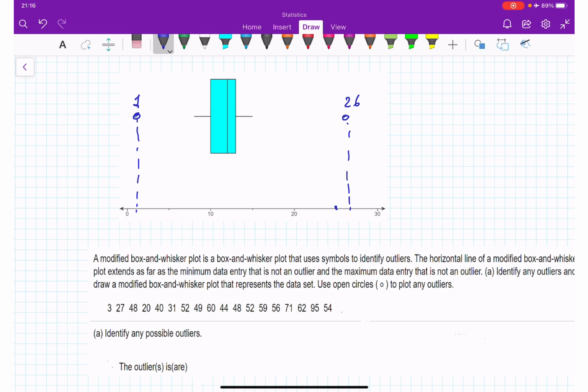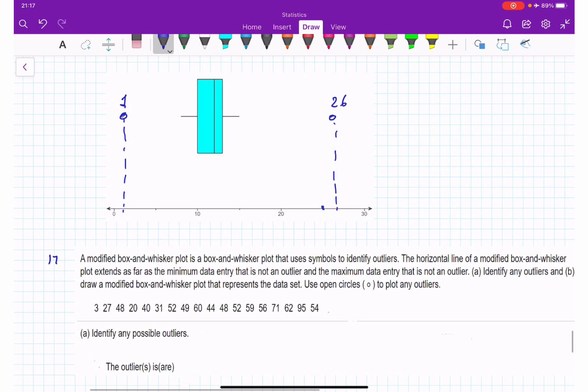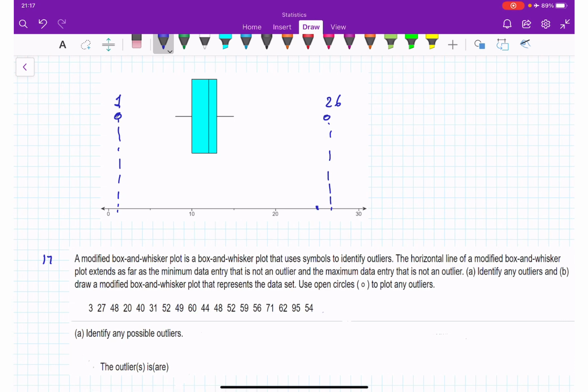And the last question, question number 17. So what do we have here? A modified box and whisker plot is a box and whisker plot that uses symbols to identify outliers. It's the same thing, we read it. Now, we need to identify possible outliers here.